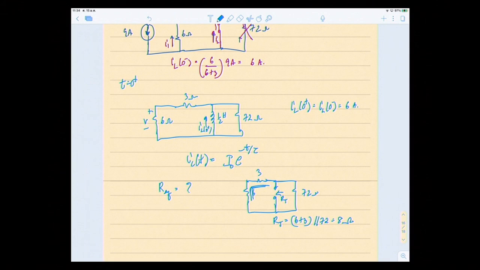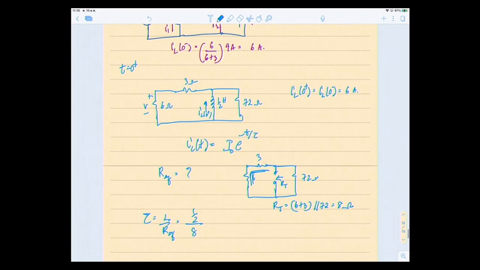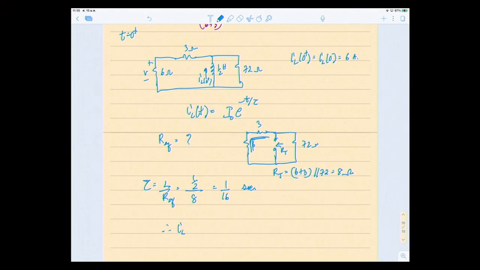So can you find your tau? Tau is L over R equivalent. L is a half over 8, so therefore, 1 over 16 second. So your IL of t becomes I naught, 6, e to the minus t over 1 over 16 amps.